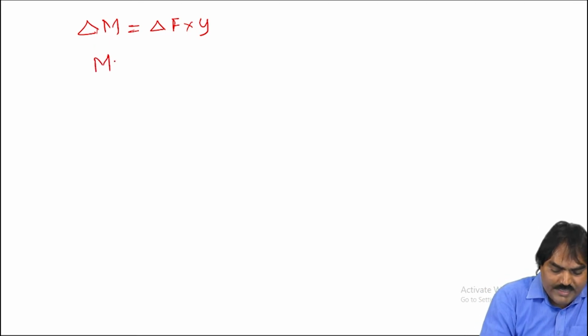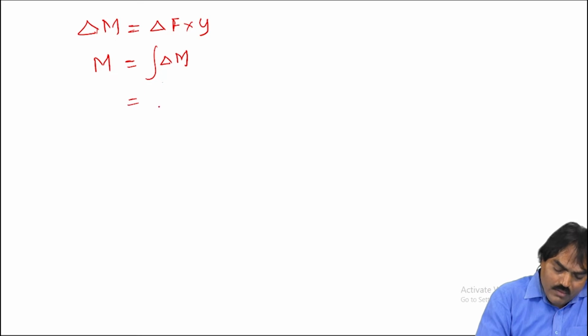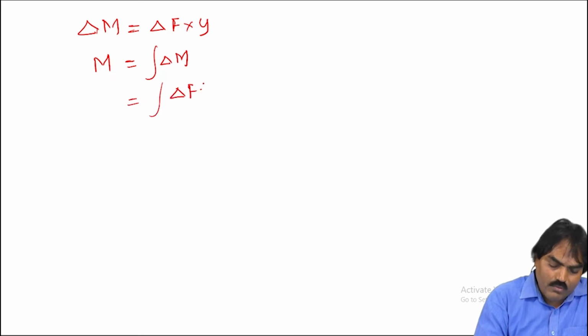But across the cross section, we are applying the total moment. So the total moment is given by integration of the elemental moment. Okay. So the elemental moment is delta F into Y. But what is delta F?